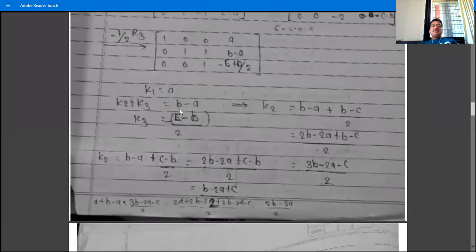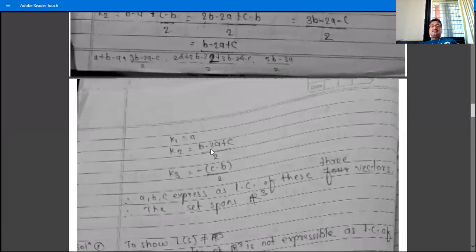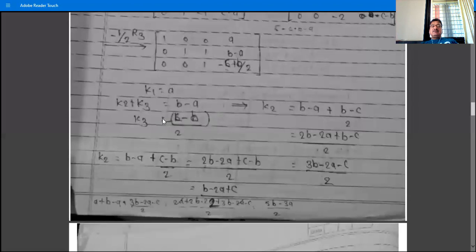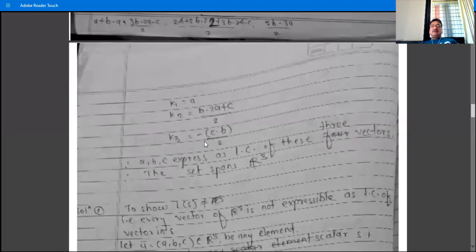And we have K1 is A, K2 is B minus 2A plus C by 2, and K3 is minus (C minus B) by 2.